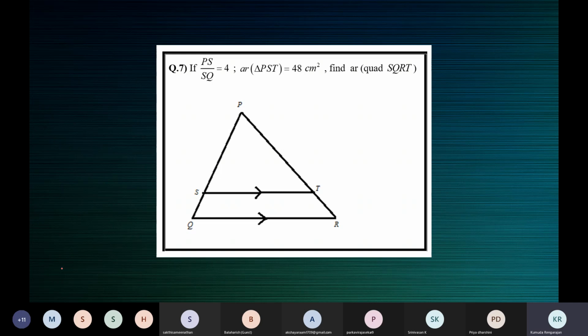Yes, what's the area of quadrilateral SQRT? Did not complete, children?